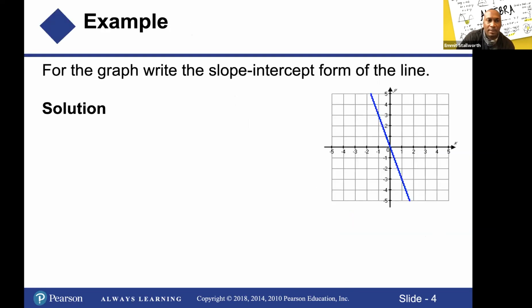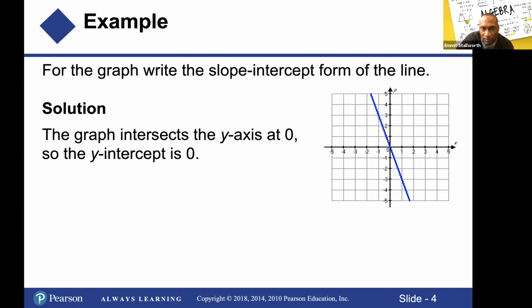All right. So it says for the graph, write the slope intercept form of the line. Now, right here, we know that this line crosses the y-axis at (0, 0). So we know my y-intercept is going to be 0, that my b is equal to 0. Then my slope in this case, it's going to be a negative slope because we're falling from left to right.